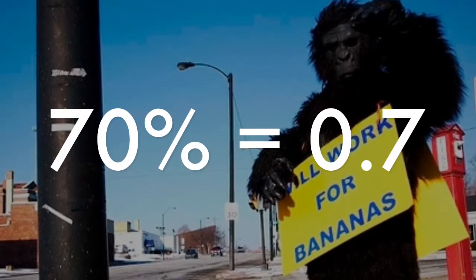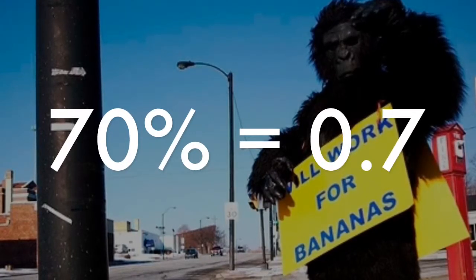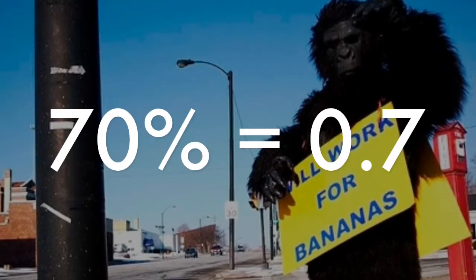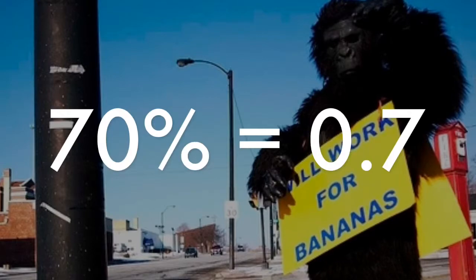Why without the 0? Because there is still a 7 in the tenths place and a 0 in the hundredths place, making this the same as 70 hundredths.